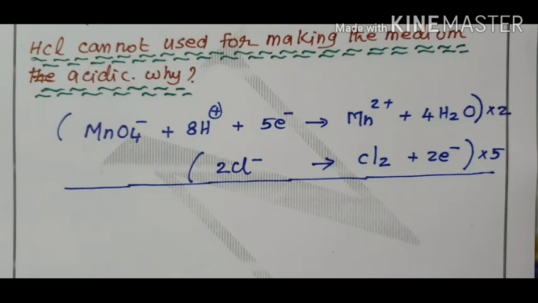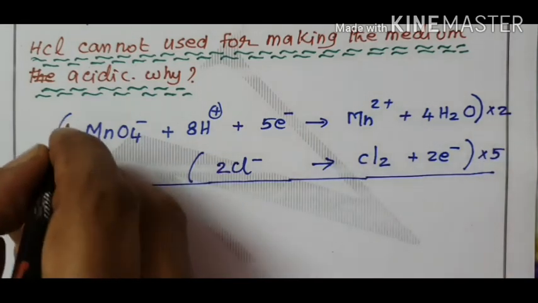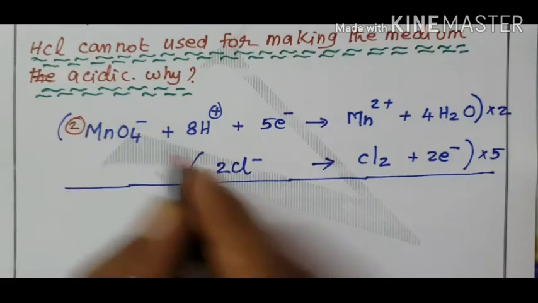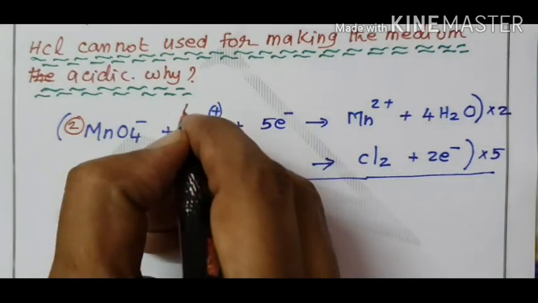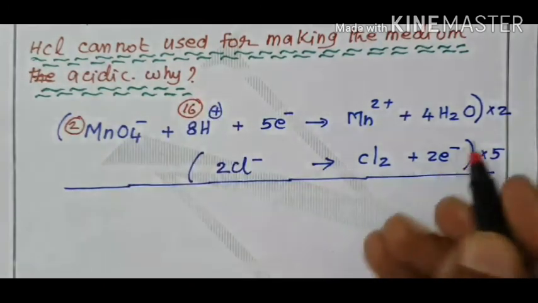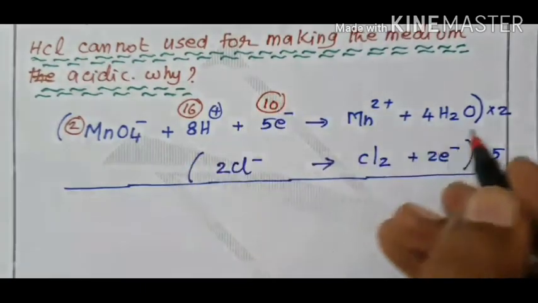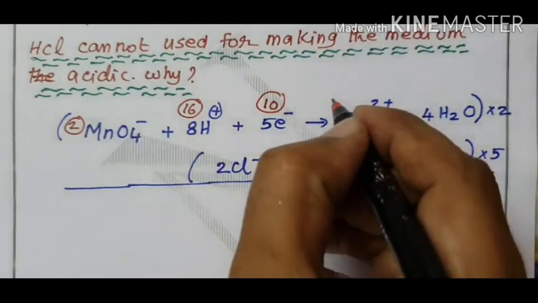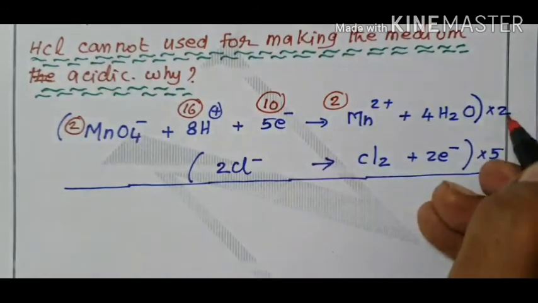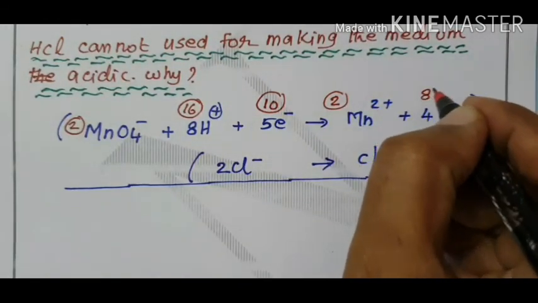When the first equation is multiplied, 2 into 1 equal to 2, 2 into 8s are 16 H plus, 2 into 5s are 10 electrons. 2 into 1 equal to 2. 2 into 4s are 8.